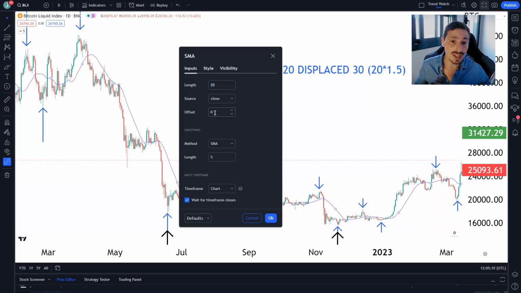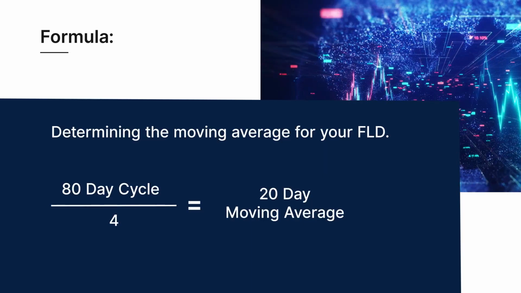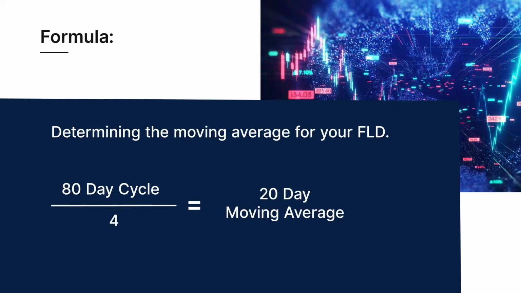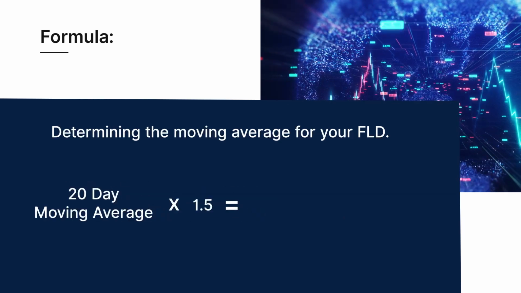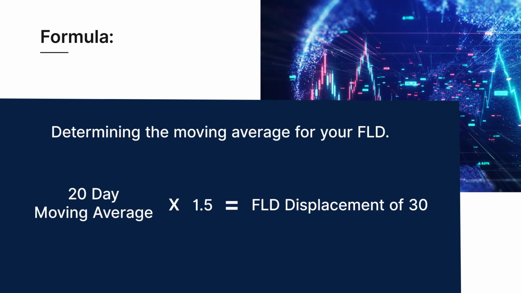So we need to move this thing forward by 30 days, that is 20 times 1.5, in order to find this 80-day cycle FLD. Just to recap, in order to find an FLD of any cycle, you start with the cycle amplitude, 80 days in this case, you divide it by 4, that gives you a length of 20, and then you multiply that length by 1.5 to give you a displacement of 30.